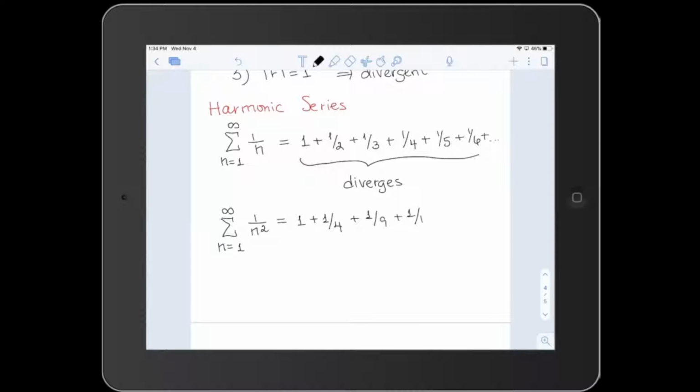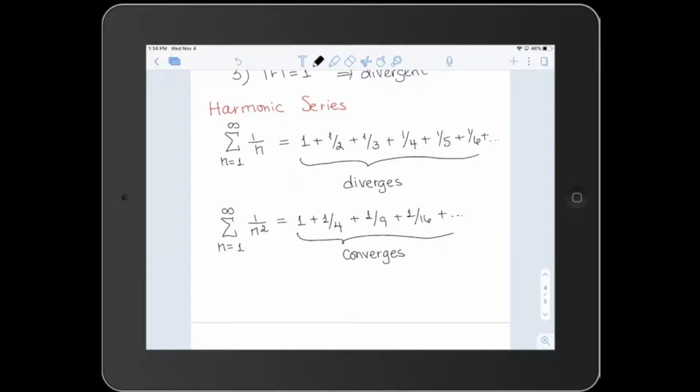That would be 16, and so forth. This series actually converges. And we will be able to show this with the integral test. For both of these, we have divergence in one case and convergence in the other.